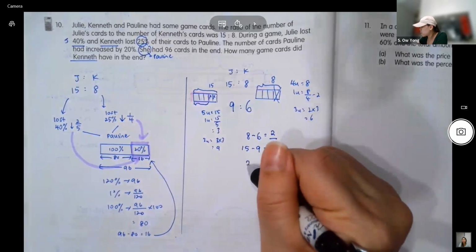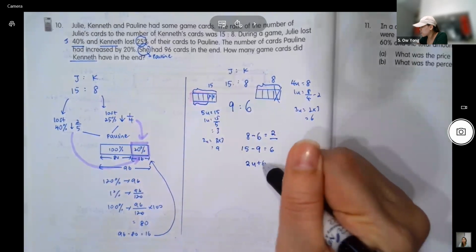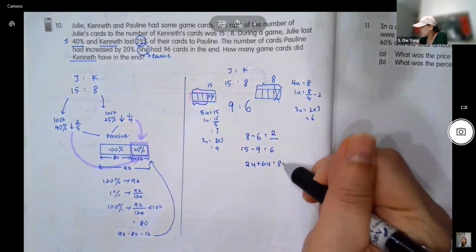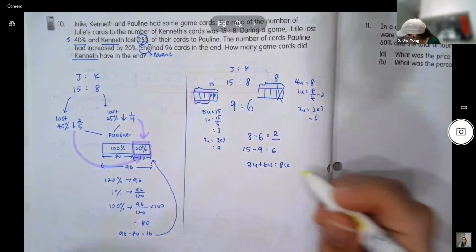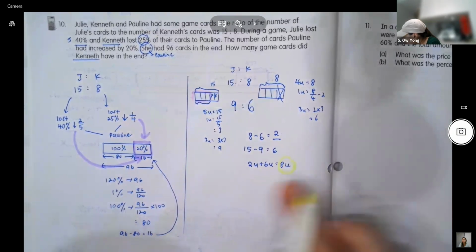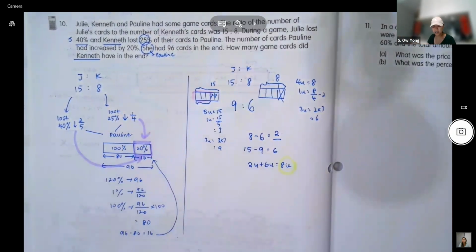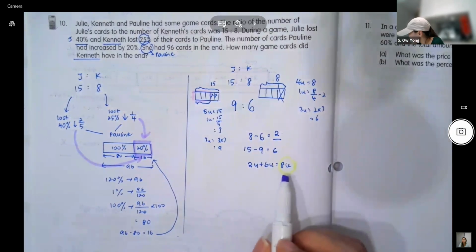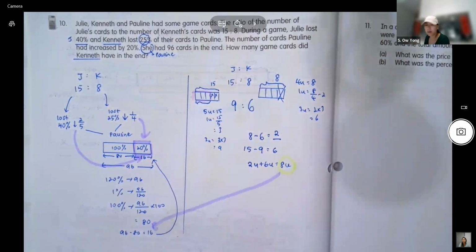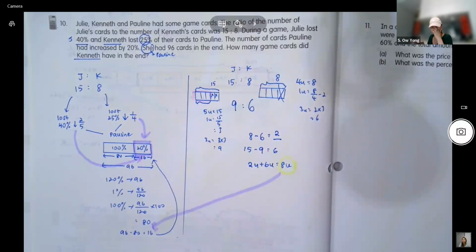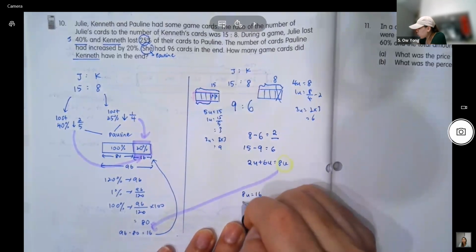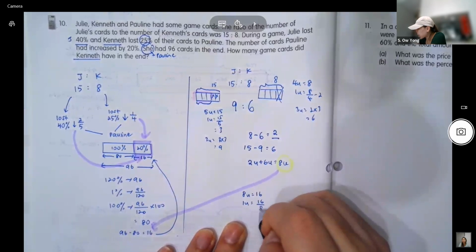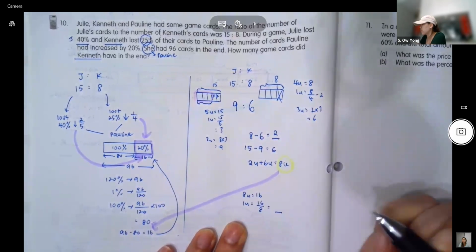So you see, this 2 units plus 6 units, which is 8 units. And soon you get to see, oh, this is the total number of units they lost. Isn't this 16? This 8 units, the actual number is 16. Yes, so you're right, 8 units equals 16. 1 unit is 16 divided by 8, which is 2.